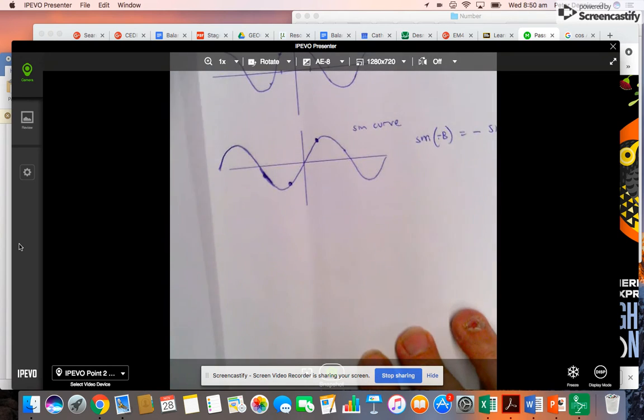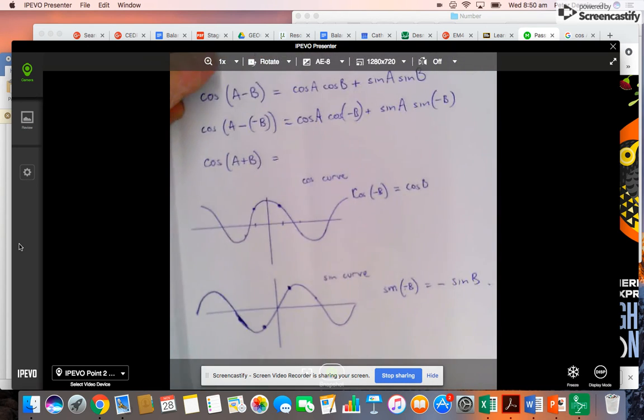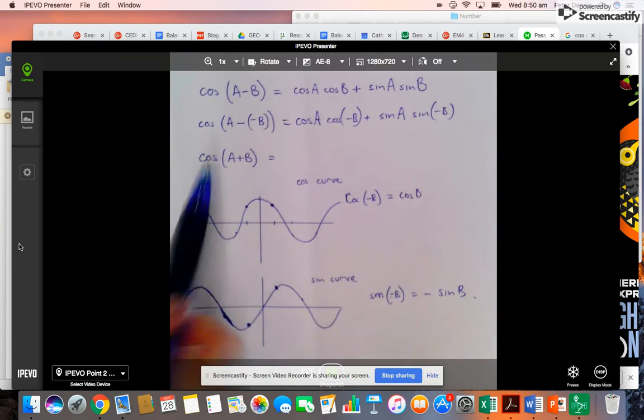So if we substitute into our formula here, what we get is the cos of A cos of minus B plus sine of A sine of minus B. And what did we just say? This doesn't make any difference. So we just substitute into the formula.